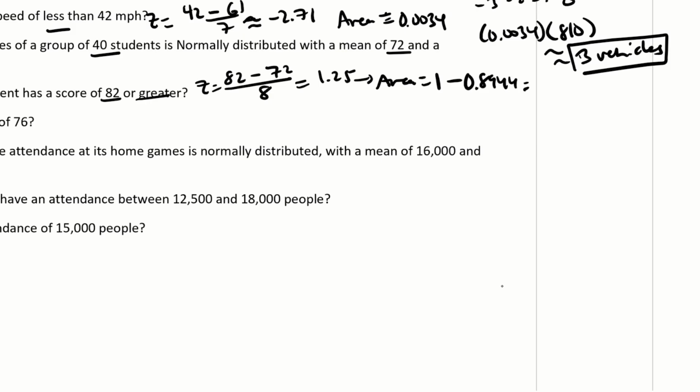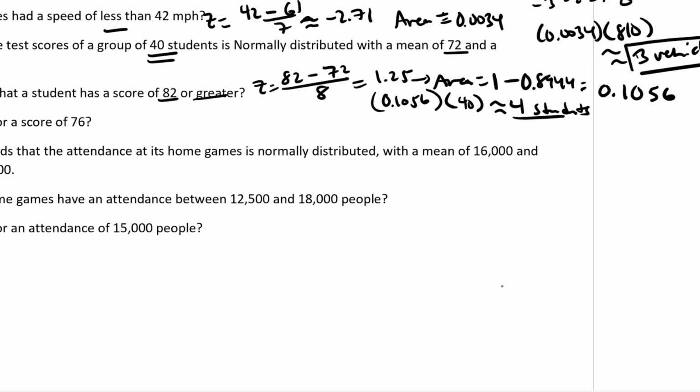All right, and then we're going to multiply that by the number of students, which was 40 students. That gives us approximately 4 students, about 4.2-ish, rounded down to 4.